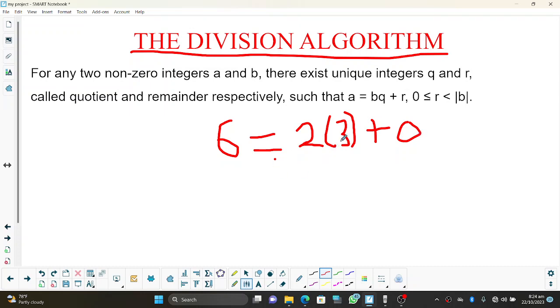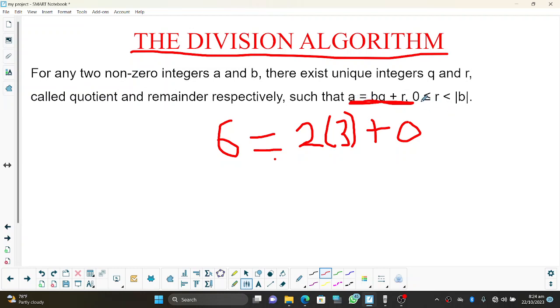So we have b to be a divisor, because 2 can divide 6, and you have a quotient of 3, multiplied against b, plus r. This r represents the remainder. So this is the equation that we are going to extract here.